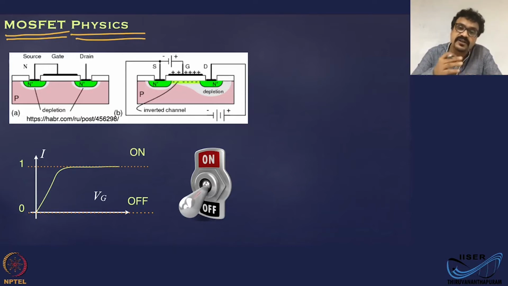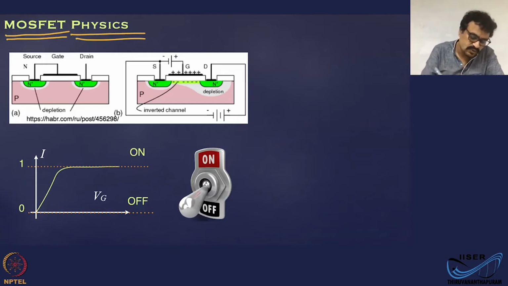These MOSFETs are the fundamental building blocks of all the processors that you have seen. Now, for the next couple of minutes, we'll just look into the operational principle of a MOSFET with minimum details.